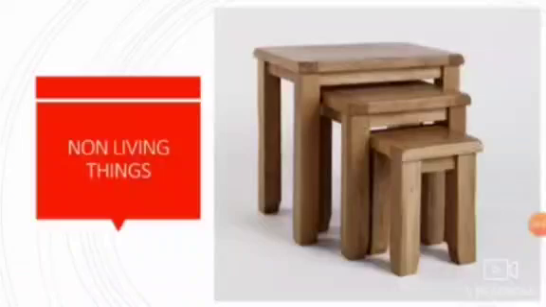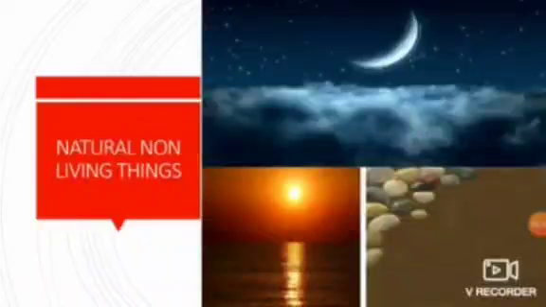Now let us see these non-living things are classified into two types. One is natural non-living things and another is man-made non-living things. Now you're seeing here natural non-living things like moon, stars, clouds, sun, water, soil, pebbles, like that.